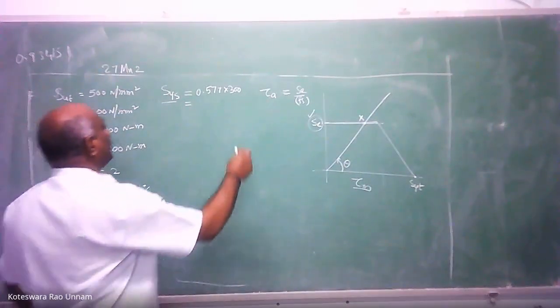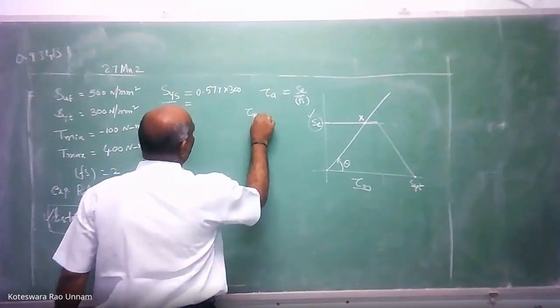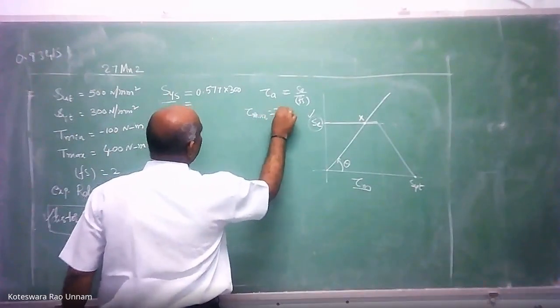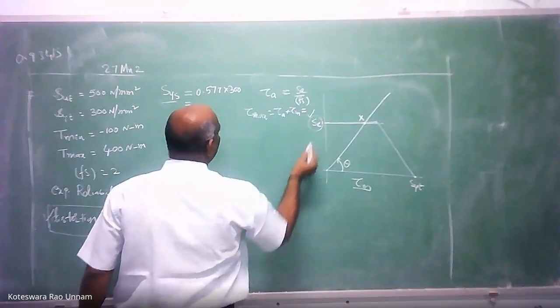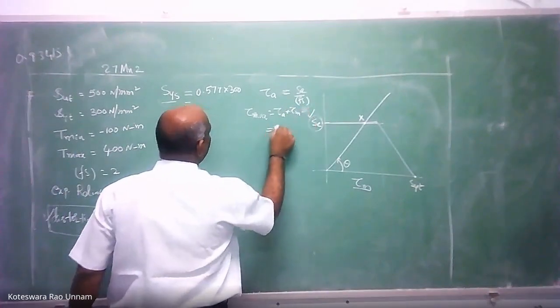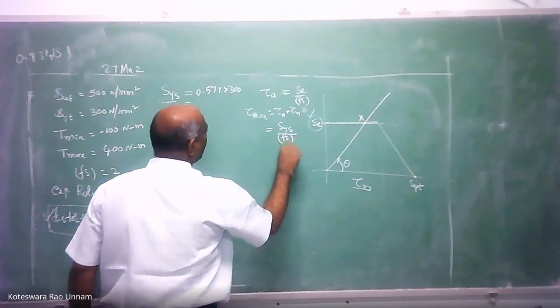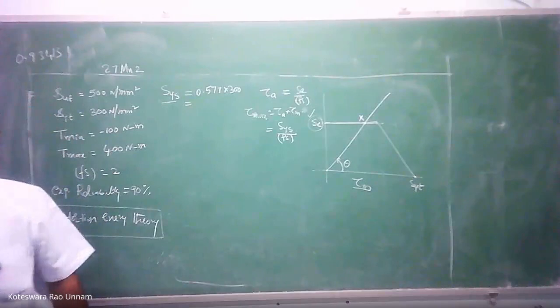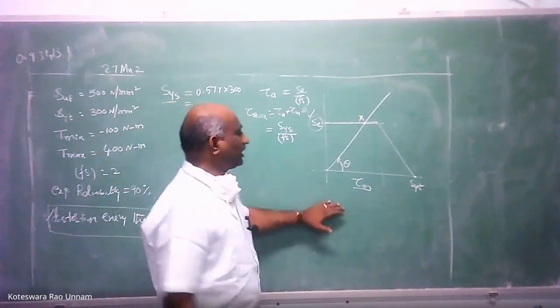Or if I want to consider static failure also, you need to estimate tau max. Tau max is nothing but tau a plus tau m, which should be equal to SYS, just now what we calculated, SYS divided by Fs. You need to use these two equations to solve this particular problem.